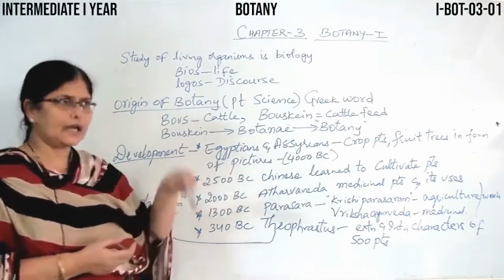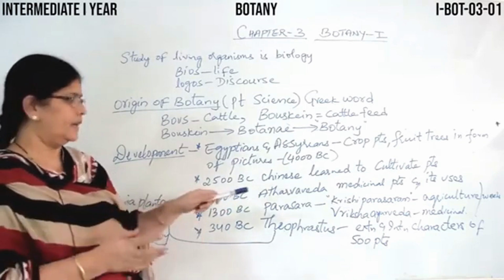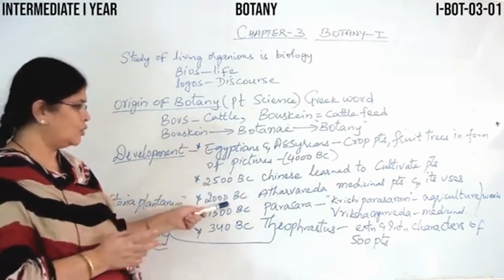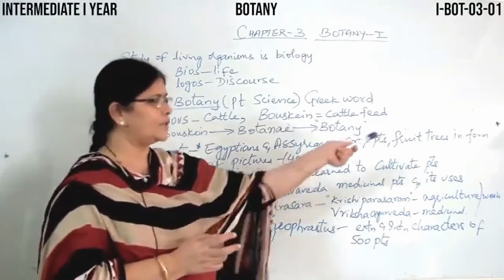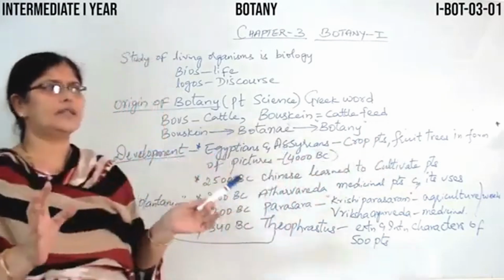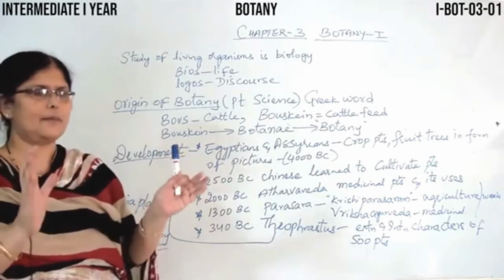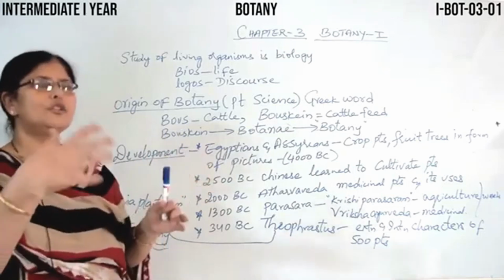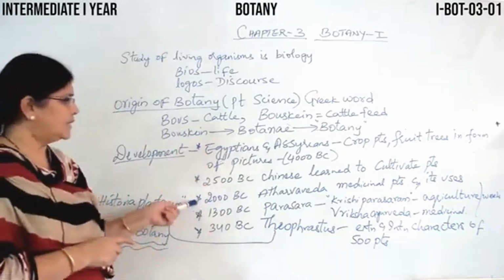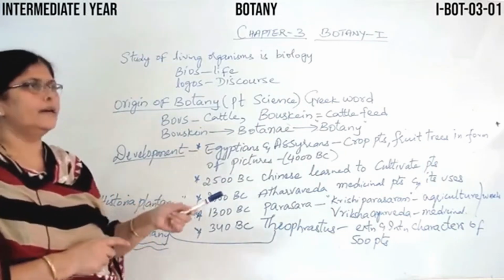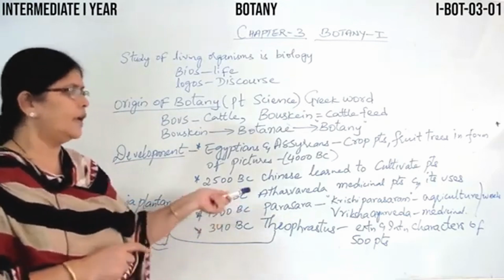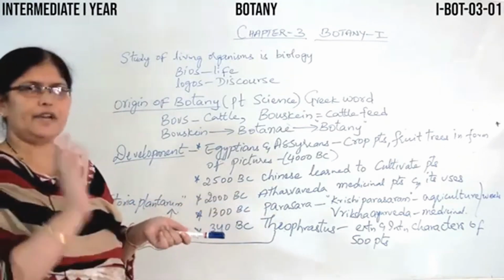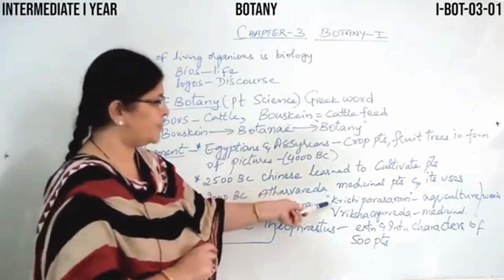Later, in our country, when the Vedas were written, in the Atharva Veda, around 2000 BC, the medicinal plants as well as their uses are mentioned. So, the Atharva Veda comprises all the medicinal plants present in India and their uses in 2000 BC. And later, a rishi by name Parasara, in 1300 BC, wrote two very important books. One is Krishi Parasaram.